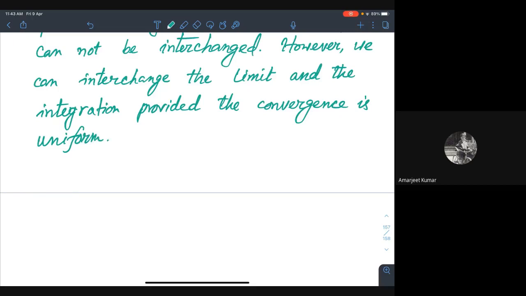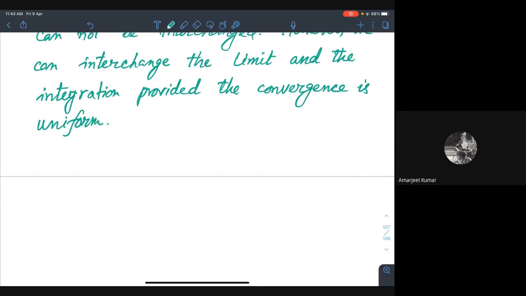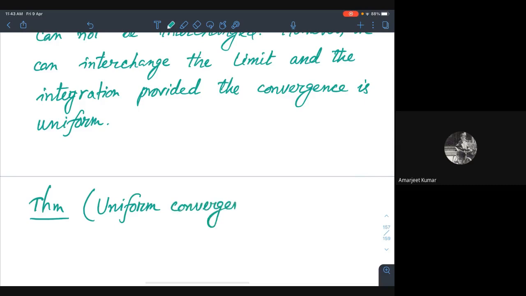The theorem is called the uniform convergence theorem. UCT in short.